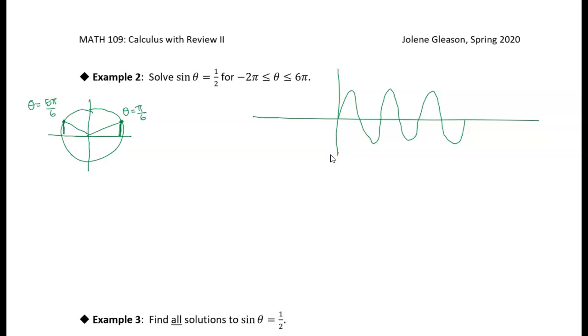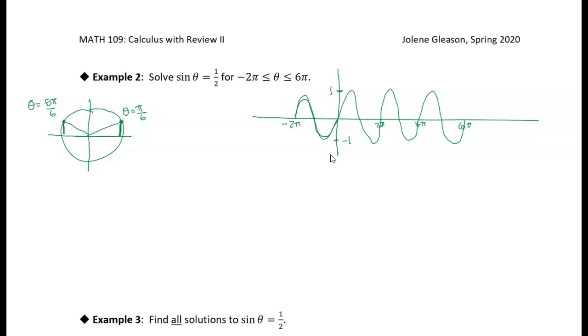So this is going to be 2 pi and 4 pi, and this is going to be 6 pi. And if I go in the other direction, I'm going to have one more cycle. But these should all have the same amplitude, which they don't very well, but it's just an amplitude of 1 and negative 1, right? This is going to be negative 2 pi.